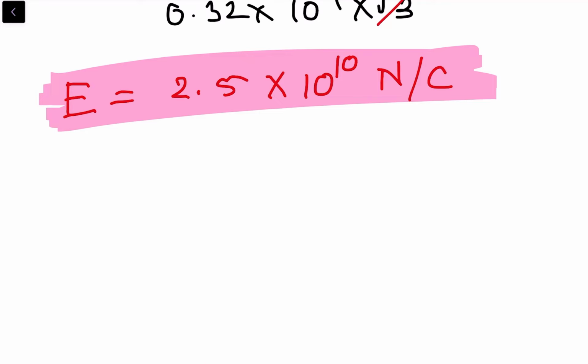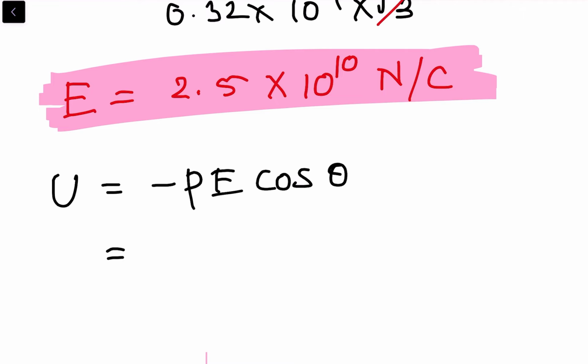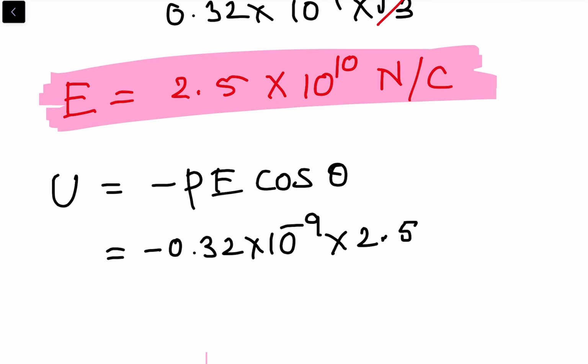That is U is equal to minus pE cos theta. p we already calculated, that is 0.32 × 10^-9, and the E value we just got, which I kept in pink color, 2.5 × 10^10, and cos 60.